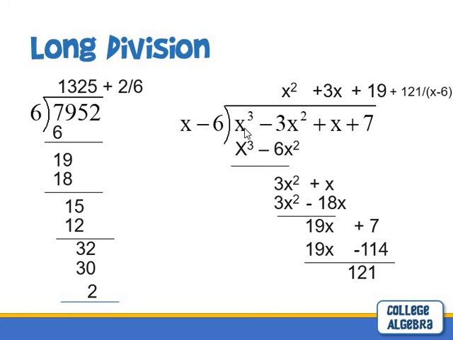If you ask, what is x cubed minus 3x squared plus x plus 7 divided by x minus 6, the answer would be my quotient plus my remainder over my divisor. Because if I were to multiply that by x minus 6, I would get what we call the dividend, x cubed minus 3x squared plus x plus 7. So the answer to the division as a single answer is your quotient plus your remainder over your divisor.